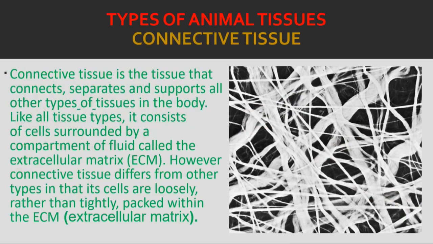Now the next type of animal tissue is the connective tissue. Connective tissue is a type of tissue that connects, separates, and supports all other types of tissue in the body. Before, we have seen connective tissue has an important role in bone tissue and in adipose tissue as well.